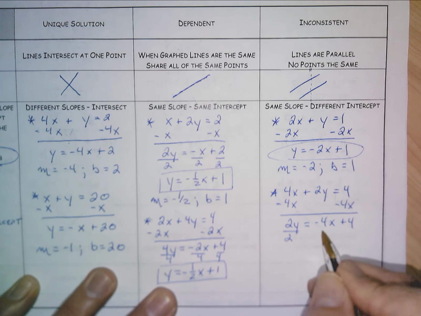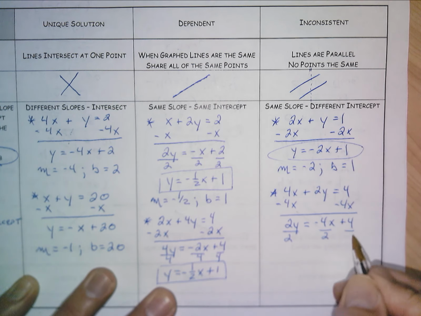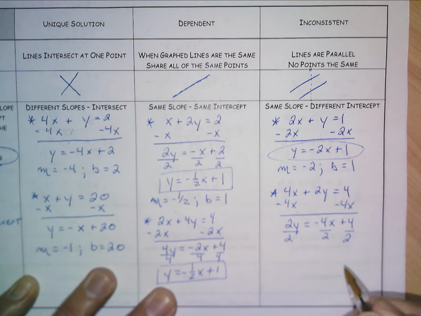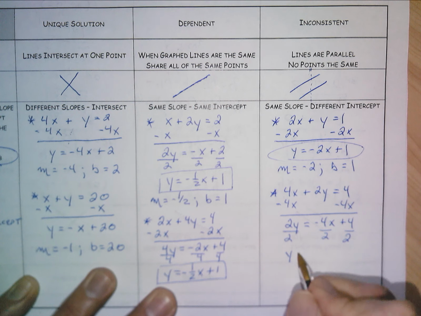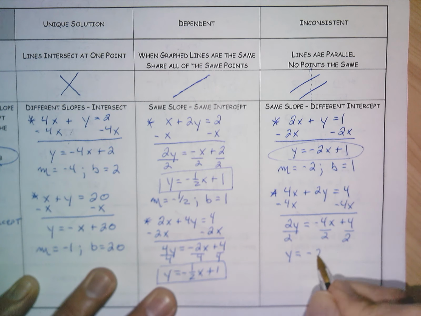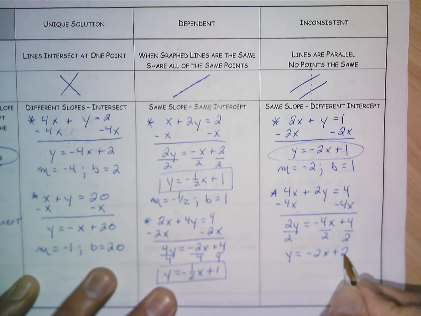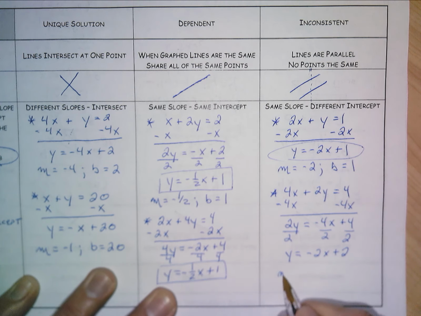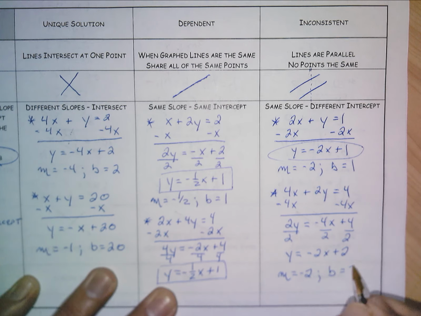Now to get rid of the number in front of the 2, I'll divide by 2. I get y equals negative 2x plus 2. This has a slope of negative 2 and a y-intercept equal to 2.